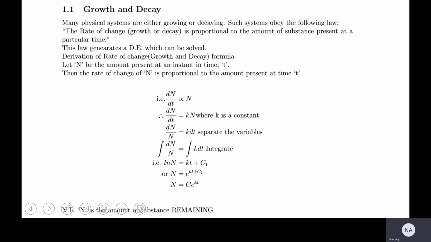So let's look at growth and decay. Many physical systems are either growing or decaying. This particular law, now this is a most important statement: the rate of change, whether it's growth or decay, is proportional to the amount of substance present at a particular time.